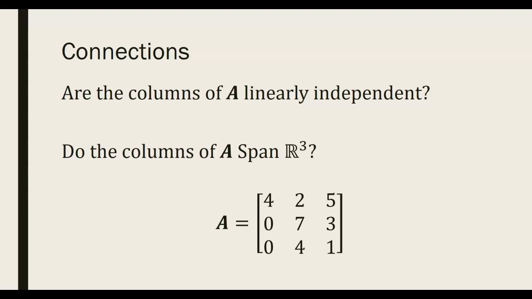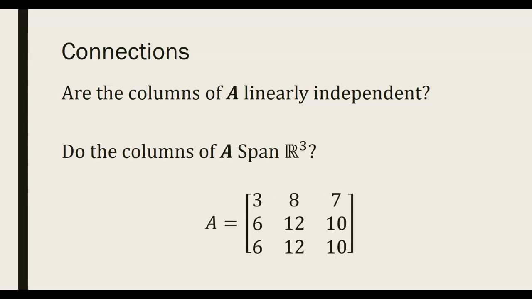The columns span R3. We could go through all of those other statements too, but there you go. And by the way, with our other matrix here, are the columns linearly independent? Do they span R3? The answer is no to both.